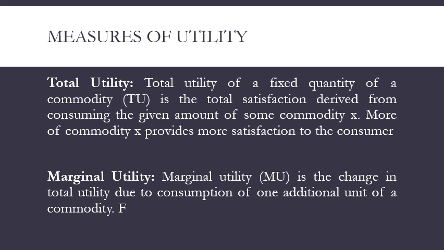And the next concept, marginal utility. Marginal utility is the additional utility gained from consuming an additional unit of a commodity. So I hope you got what total utility and marginal utility are.